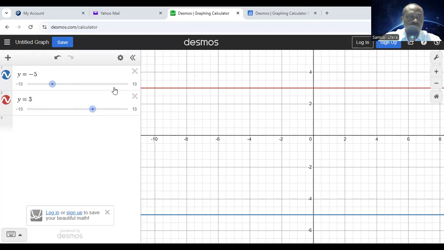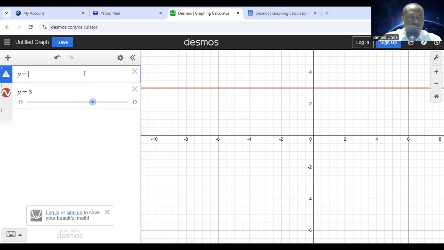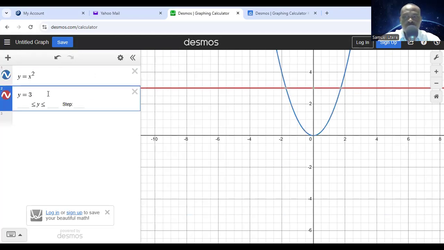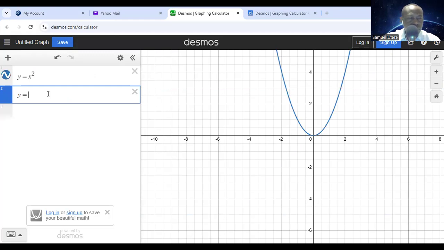We'll do both of them on the same graph so that we'll get this done really quickly. So y equals x. We press our shift key. We press 6. You can see it blinking on there. We put our square. And then here, y equals x divided by 2.